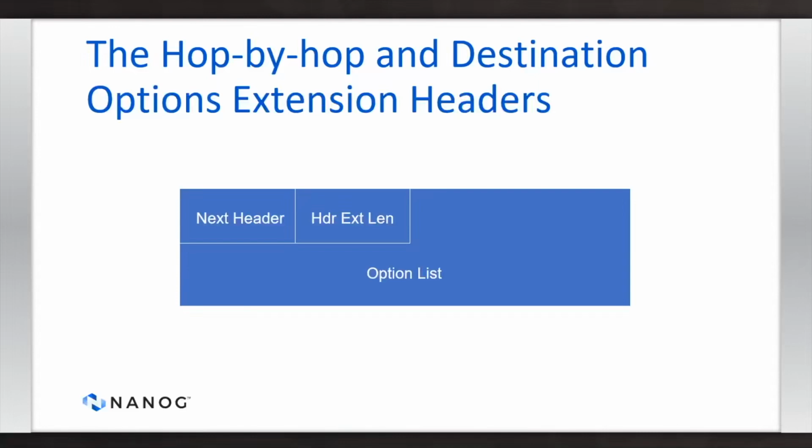So if you have an 8-byte hop-by-hop extension header, the header extension length will be 0, which is a little bit counterintuitive, but we've all gotten used to it over the years. And another interesting thing, the extension header length is 8 bits long. So theoretically, the extension header can be 2K long.